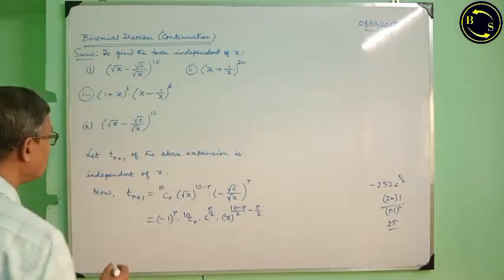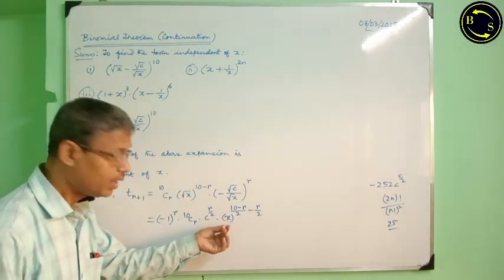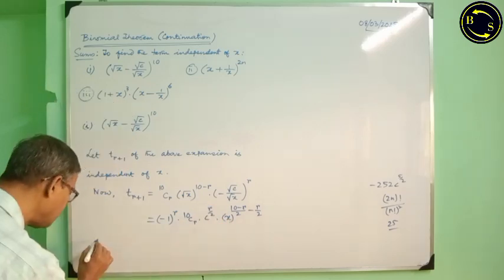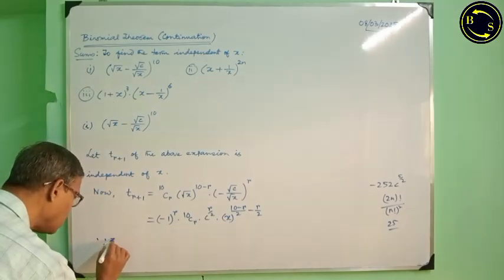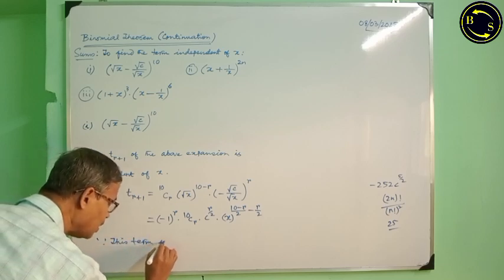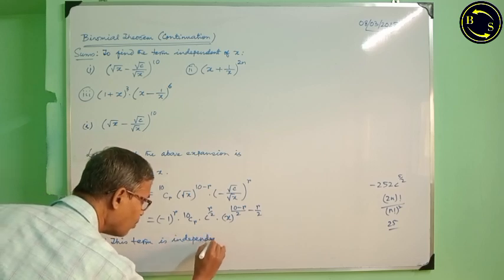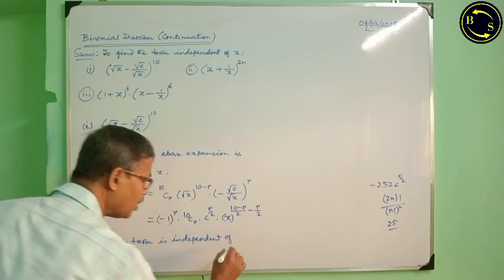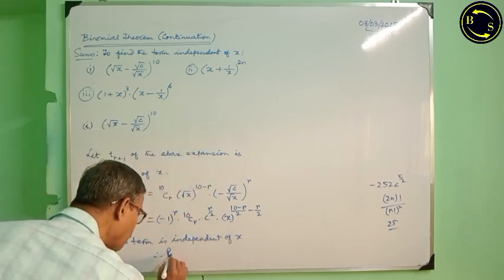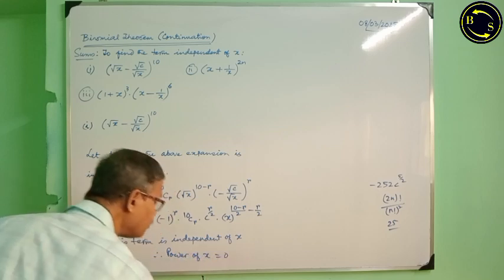Now, the term is independent of x. Therefore, power of x will be 0. Since this term is independent of x, therefore we can mention power of x equal to 0.